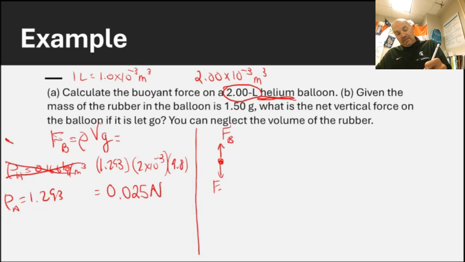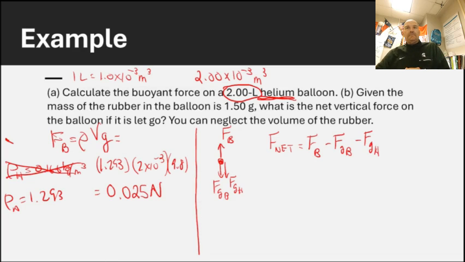We have the weight of the balloon, right? But we also have the weight of helium, right? Because the helium is going to have a certain mass in there, right? And so we would have F net equals the buoyant force minus the balloon minus the helium, okay?